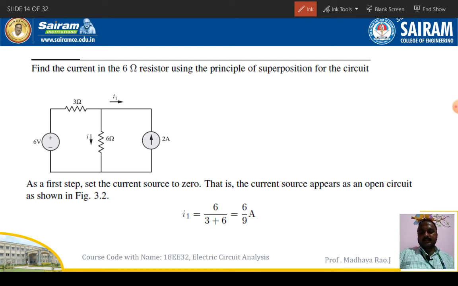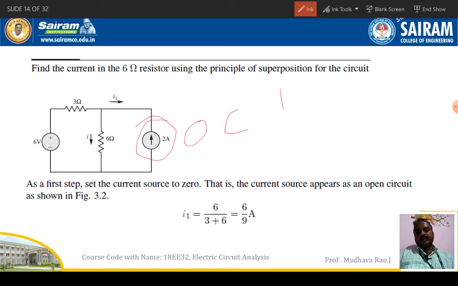First step, you make the current source 0, so you have to eliminate it using an open circuit.